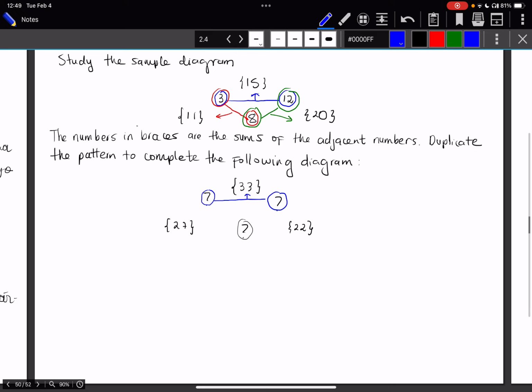And there, another pair of adjacent numbers will be this one right here. So we need those two numbers that we don't know yet to add up to 27. And finally, we need these two numbers to add up to 22.